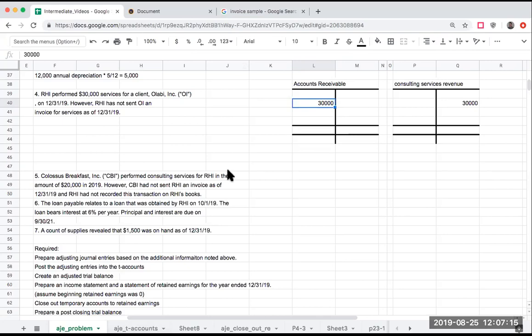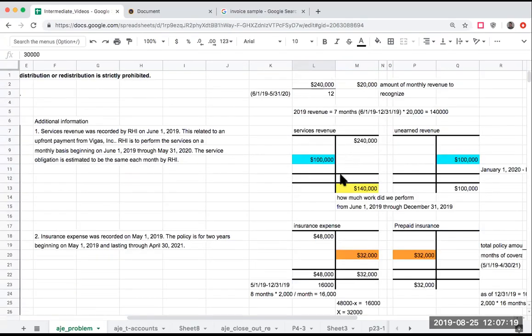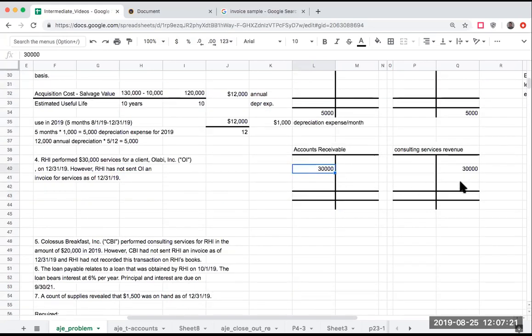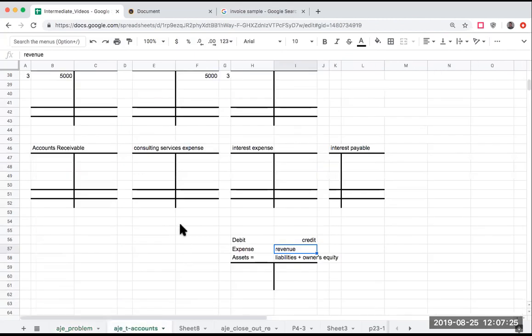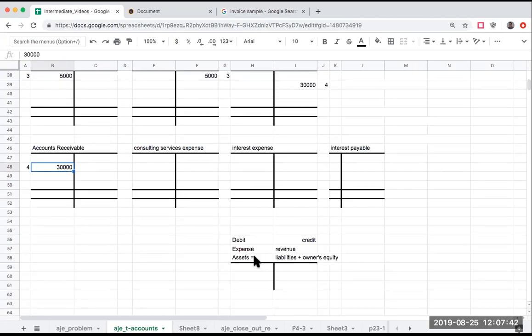Now, could you have gone through and used this other revenue account up here? Absolutely, yes. I'm just using this one separately for additional clarity. So for number 4, I'm going to be crediting consulting services revenue, and then I'm going to be debiting accounts receivable here for $30,000. Does this make sense? Well, right over here, accounts receivable is an asset.